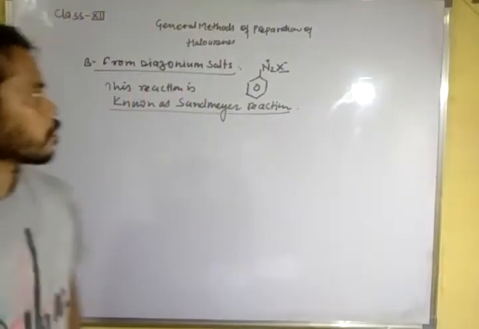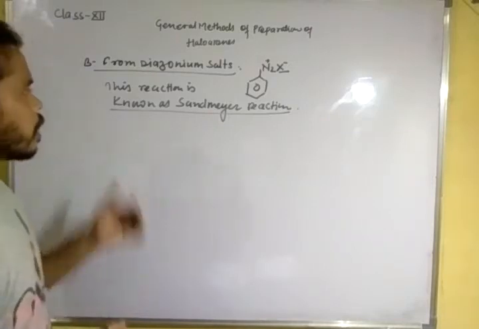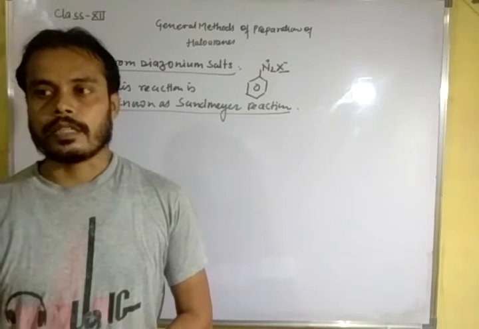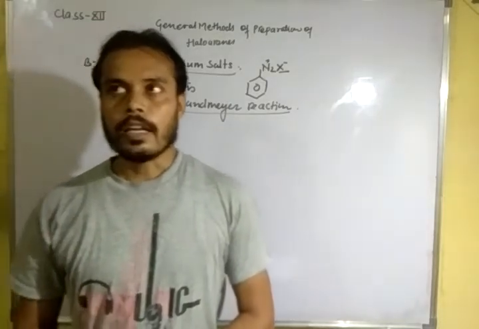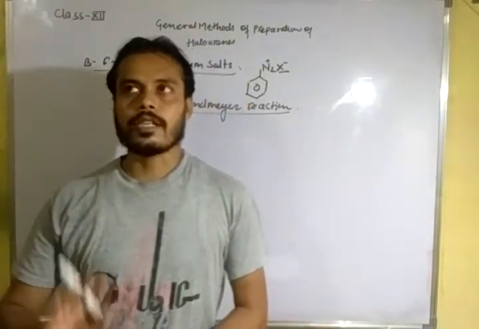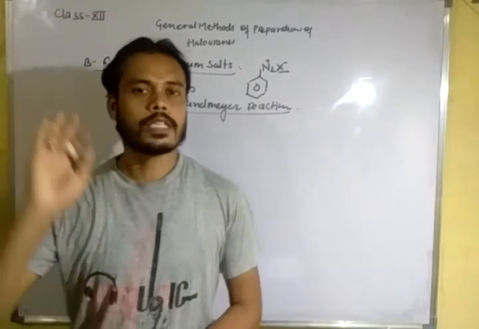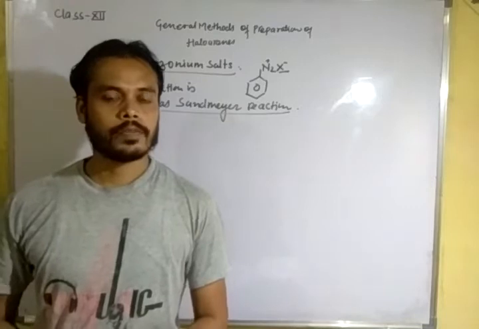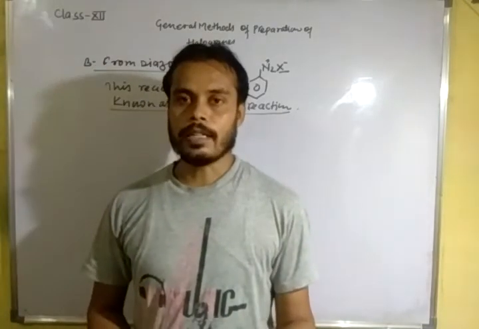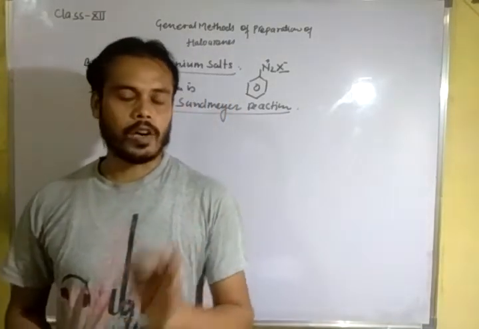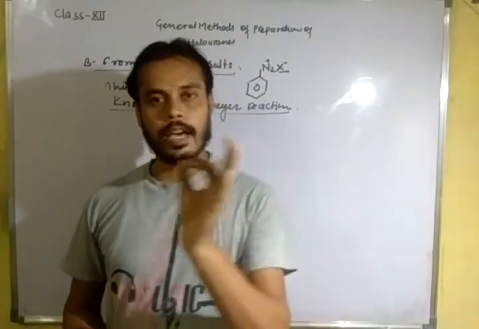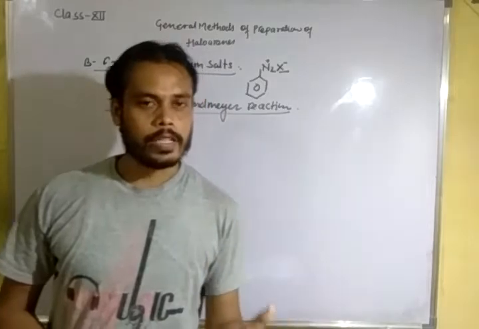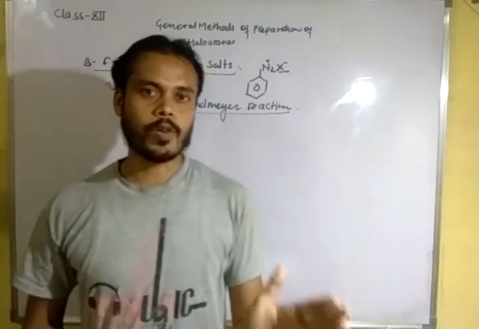In this reaction, aniline is treated with nitrous acid to form diazonium salt, and the diazonium salt is treated with cuprous bromide in HBr or cuprous chloride in HCl to form bromobenzene or chlorobenzene.